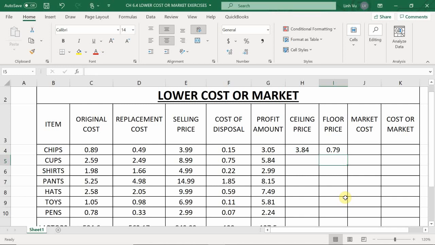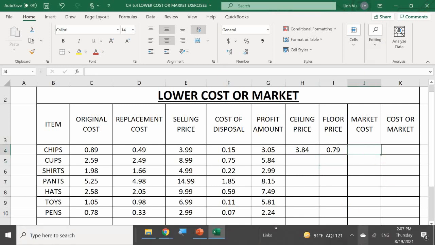Let's compare those three numbers. Which number is going to become my market price or market cost? $0.79. So let's see. We're going to compare 79 cents to 49 cents. Yes.